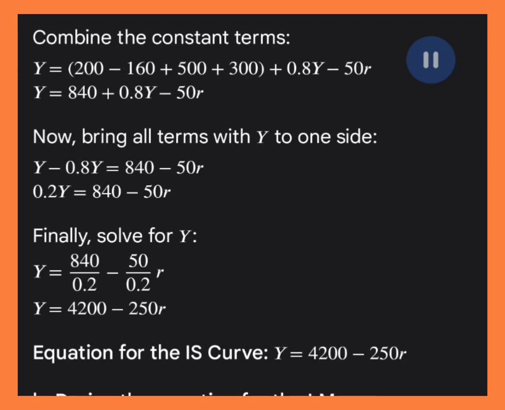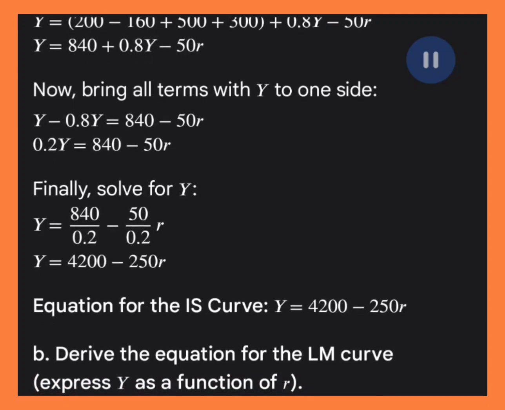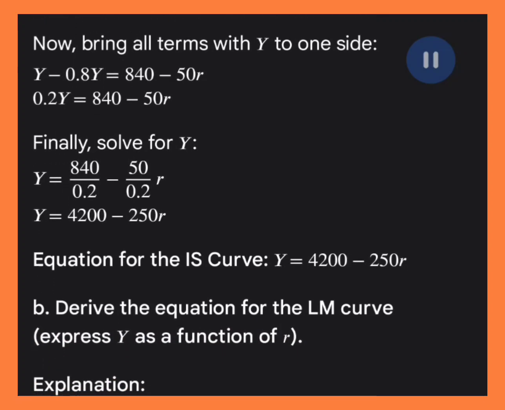Y minus 0.8Y equals 840 minus 50R. 0.2Y equals 840 minus 50R. Finally, solve for Y. Y equals 840/0.2 minus (50/0.2)R. Y equals 4200 minus 250R. The equation for the IS curve is Y equals 4200 minus 250R.